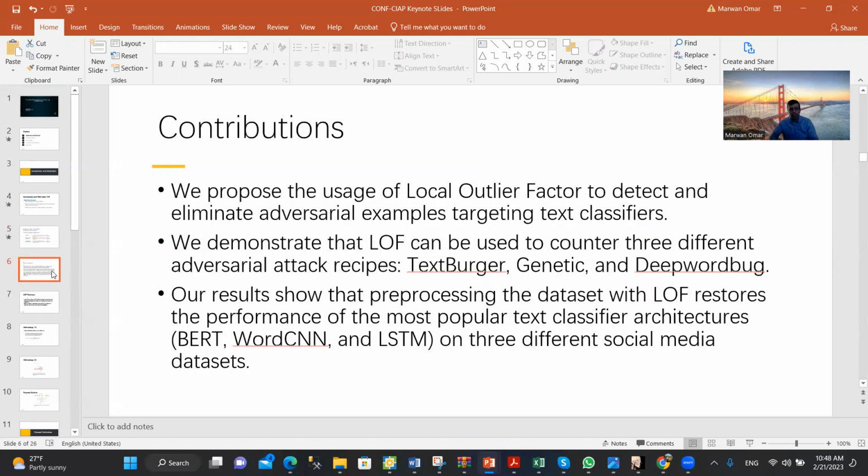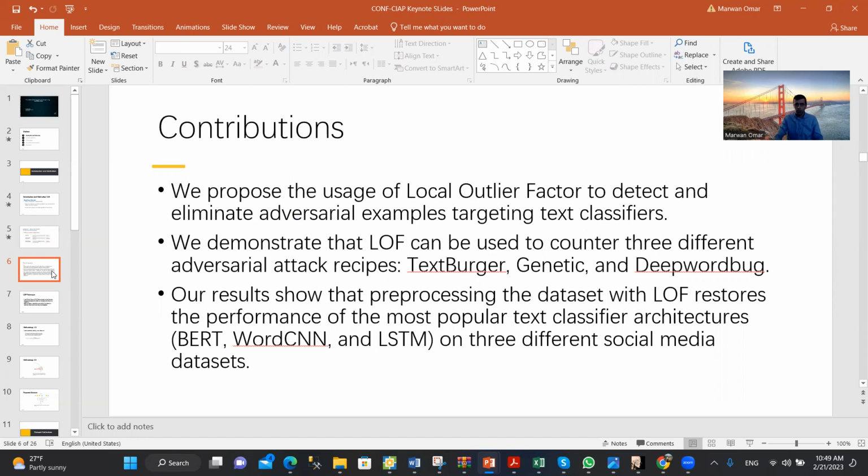The contributions of the paper are as follows. We propose the usage of local outlier factor to detect and eliminate adversarial examples targeting text classifiers. We demonstrate that local outlier factor, or LOF for short, can be used to counter 3 different adversarial attack recipes, namely TextBugger, Genetic, and DeepWordBug.